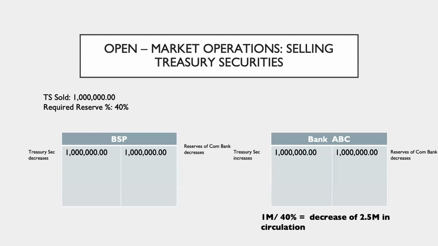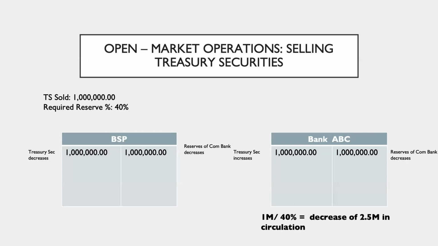So here, we can see that by asking Bank ABC to buy these treasury securities from them, they had taken away the opportunity from Bank ABC to lend 1 million to an individual that is in need of cash.